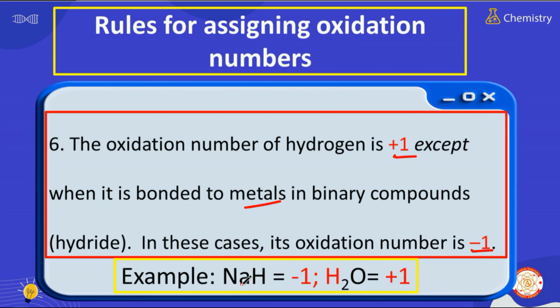Hydrogen is bonded to a metal, which is sodium. Therefore, the oxidation state of hydrogen would be -1. But in the other case, the oxidation state of hydrogen is +1 because it's not bonded to a metal.